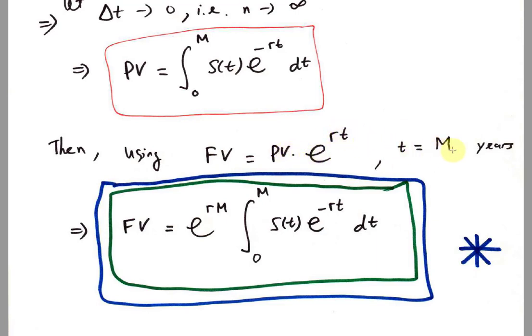Now in this case, your t is m years, so e to the rm. So your future value of the continuous income stream is e to the rm, because we have e to the rt and t is m, times the present value, which is this whole integral. So this is the future value formula of the continuous income stream.